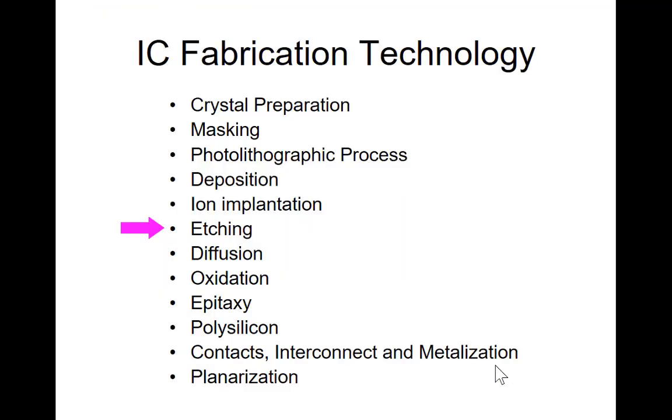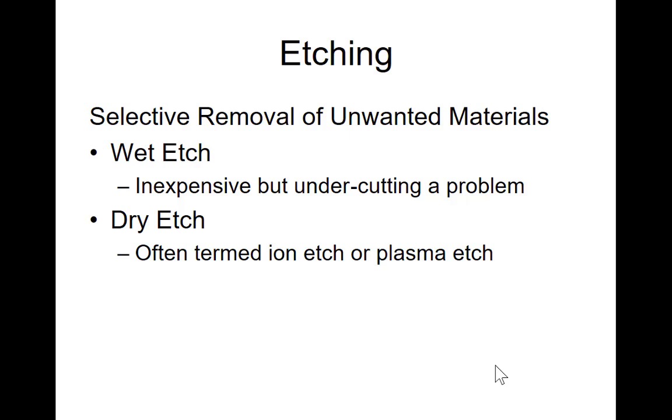So last time we stopped at etching, and today we'll continue from etching. Etching is a step where you remove some of the materials selectively. Semiconductor fabrication involves steps where you add materials to the surface, and also subtraction methods, taking away materials from the surface.